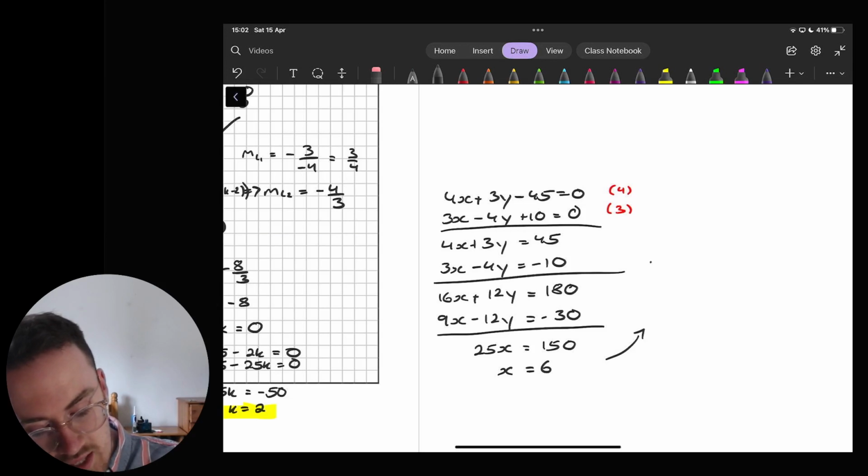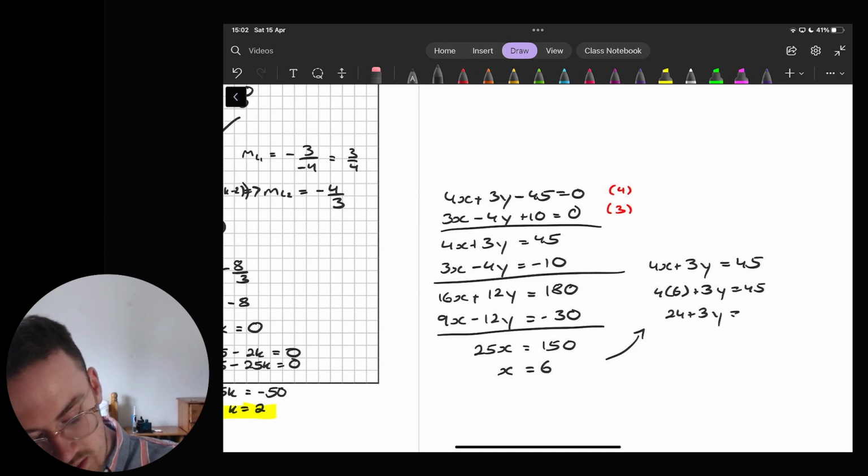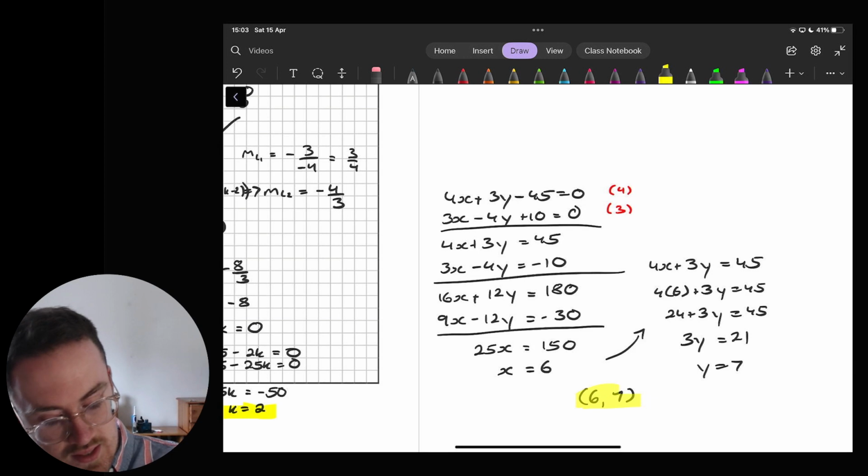Then I can sub back into either of these to find my value for y. 24 plus 3y equals 45, 3y equals 21, y equals 7. So my point of intersection then is (6, 7).